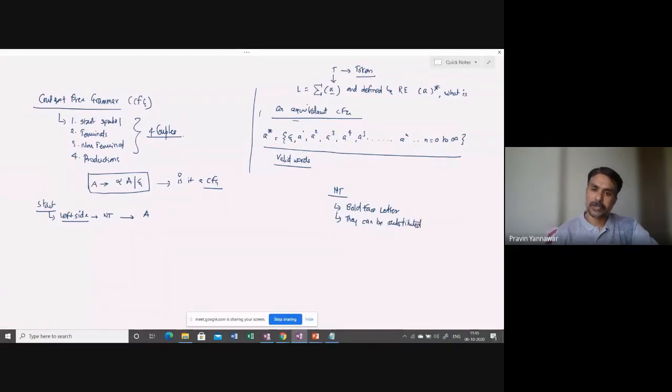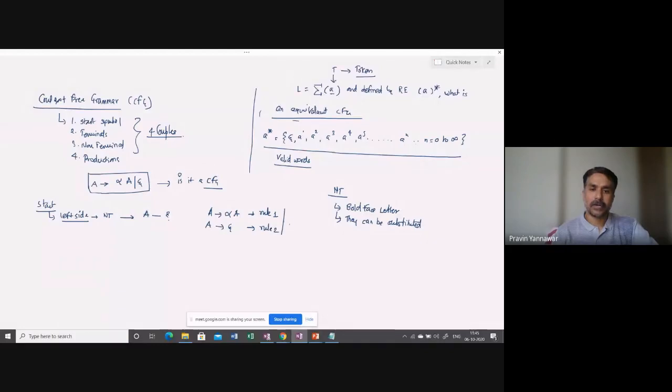Means you can question what is A? So A can be substituted as alpha A, or A can be substituted by epsilon. So this is by rule 1, this is by rule 2.